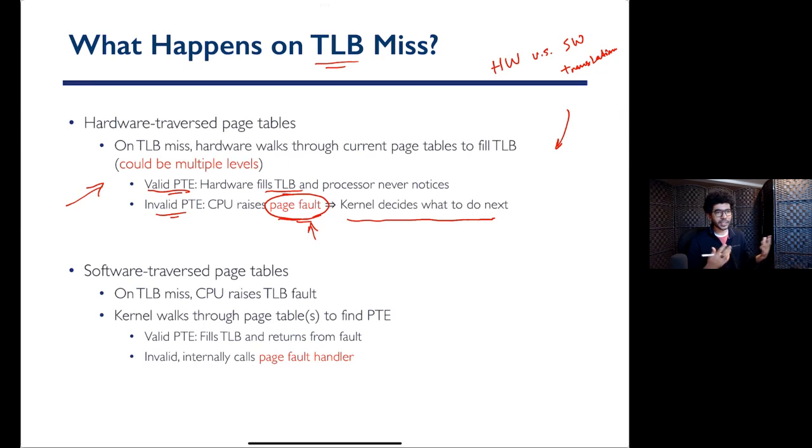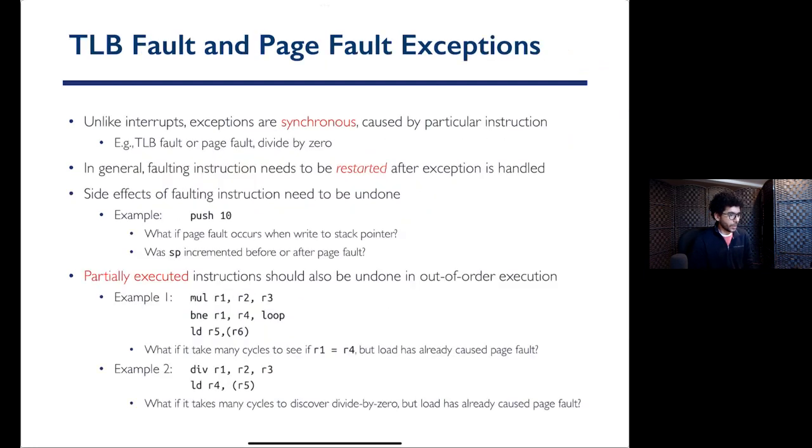So it doesn't necessarily mean that the process should terminate. In the software case, however, the operating system gets involved from the beginning, and if the operating system recognizes that this is an invalid access to a page, then it will just go with that flow. So it either fixes it or just terminates the process.